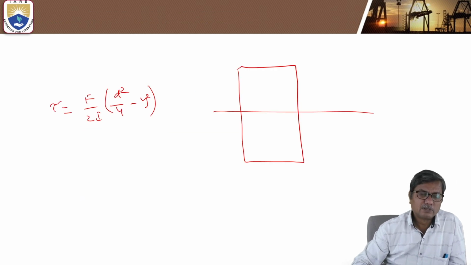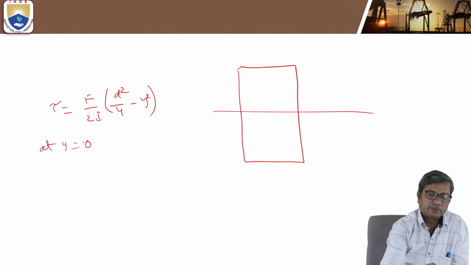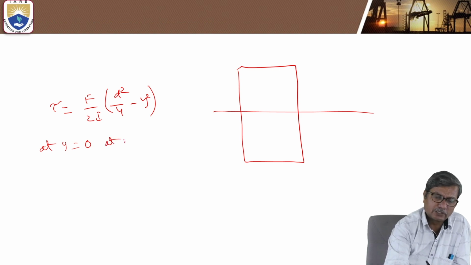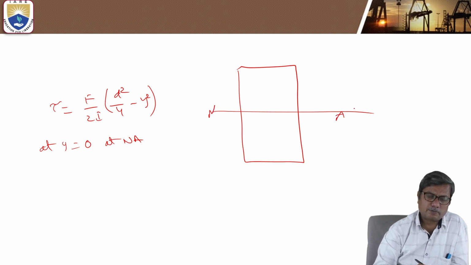At y equal to 0 means at neutral axis. y is the distance from neutral axis.